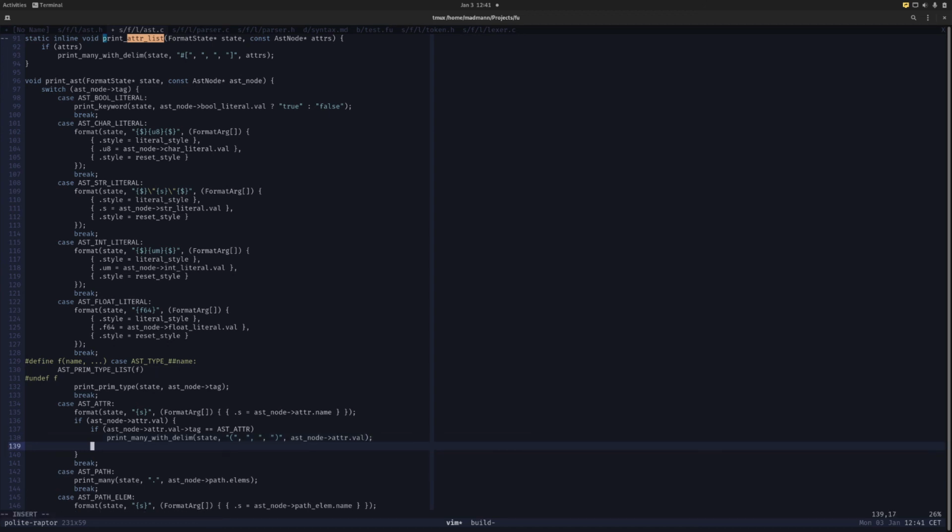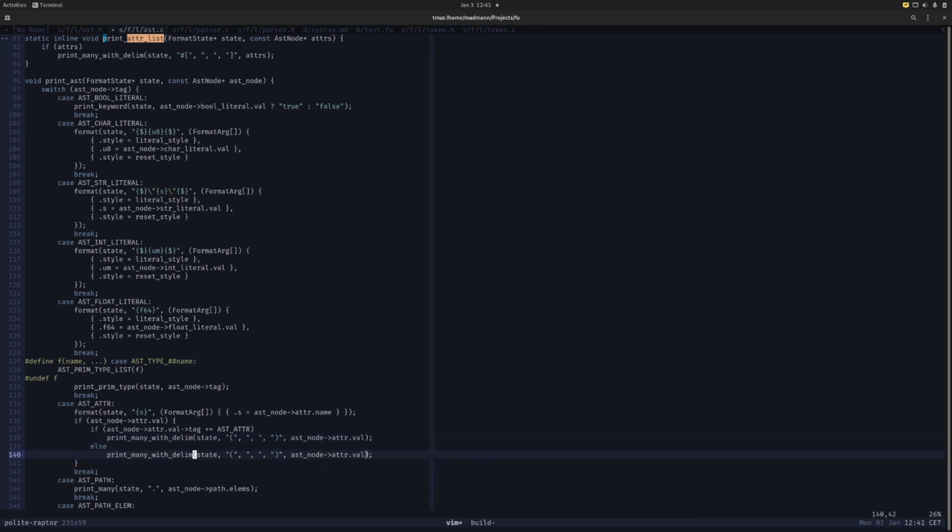Then there's the question of what to do in the other case where it's a value, a literal, in which case I just do the same, print with delim, and there's nothing in between because there's only one element to print. At the end I print nothing, and before it I print the equal sign.